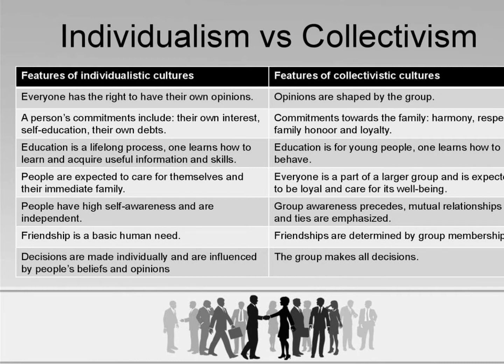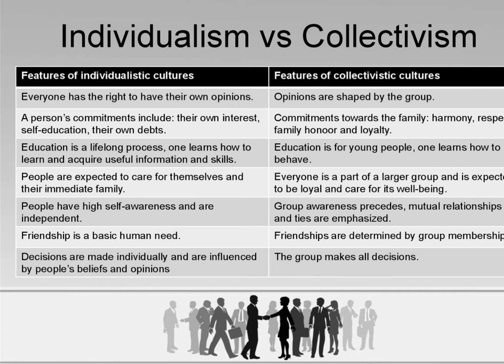Education is seen as a lifelong process used to learn and acquire useful information and skills. People are expected to care for themselves and their immediate family. People have high individual self-awareness, and independence is valued. Friendship is a basic human need and can transcend from one group to the next. Decisions are made individually and are influenced by individual beliefs and opinions.